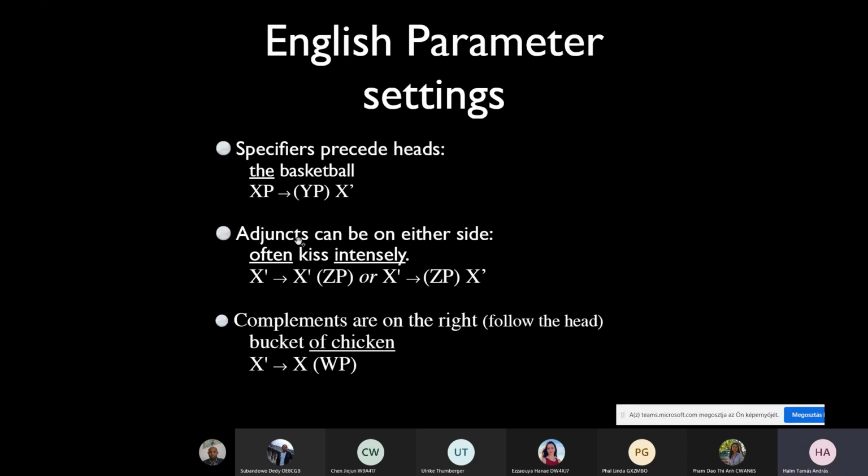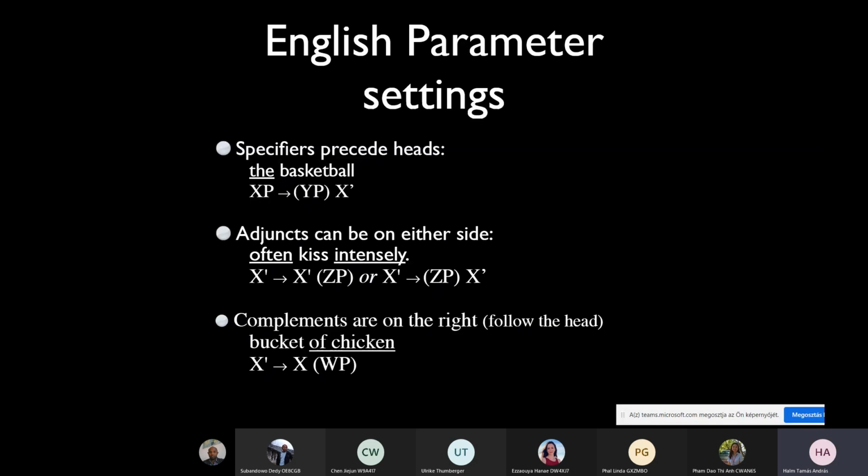What about adjuncts in English? Well, if an English baby listens to, this is maybe not the kind of story a baby would listen to, but she would hear things like, some people often kiss intensely.